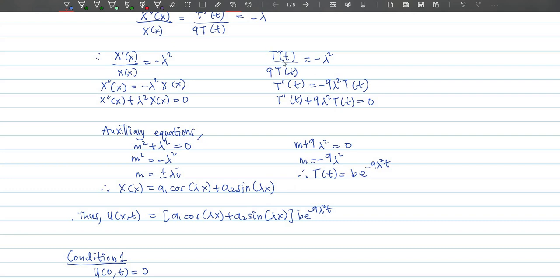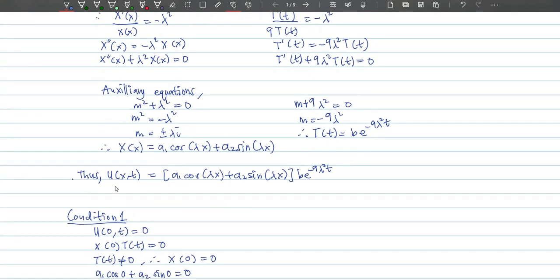For the function of t, we have T prime(t) over 9T(t) equal to negative lambda squared, which can be simplified into this equation. Using the auxiliary equation again, we have m plus 9 lambda squared equal to 0, where m is equal to negative 9 lambda squared.